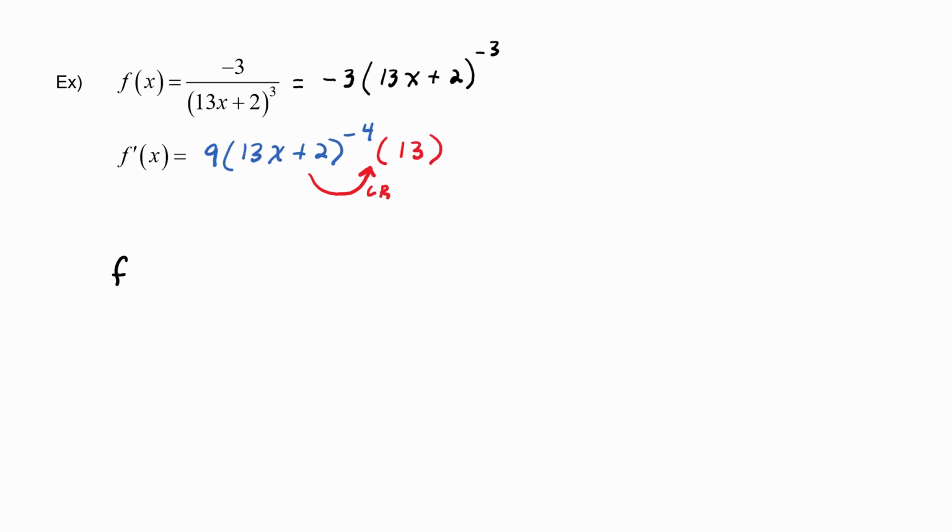So then f prime of x, we need 9 times 13, which is 117. And then this expression needs to go to the denominator. So we have 13x plus 2 raised up to the 4th power in the denominator.